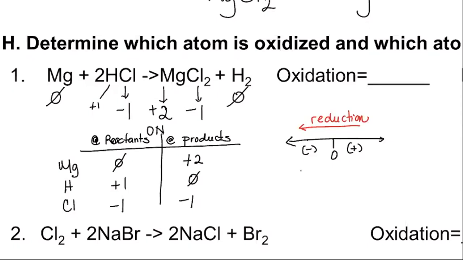Then, if anything is going in this direction, meaning it started as negative, it turned into 0, or it had an oxidation number of 0 and it went into positive, that is called oxidation. Okay?